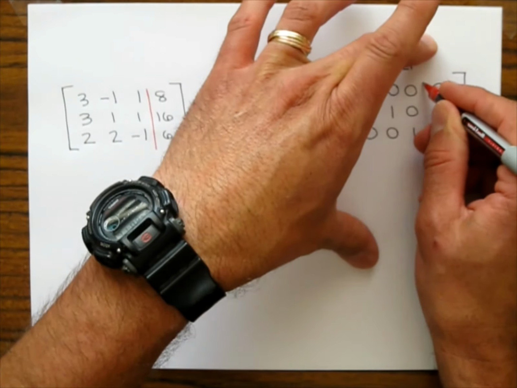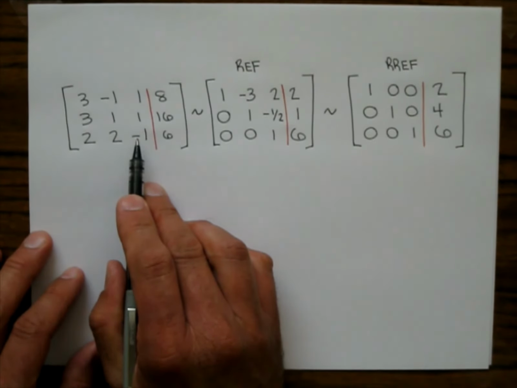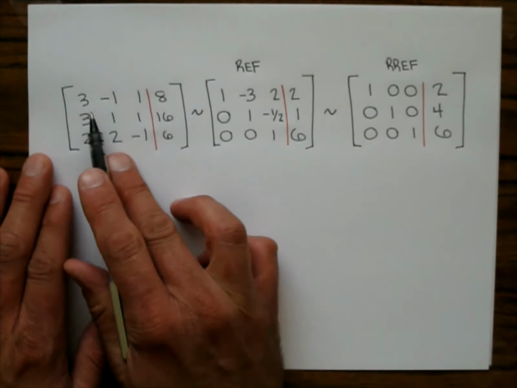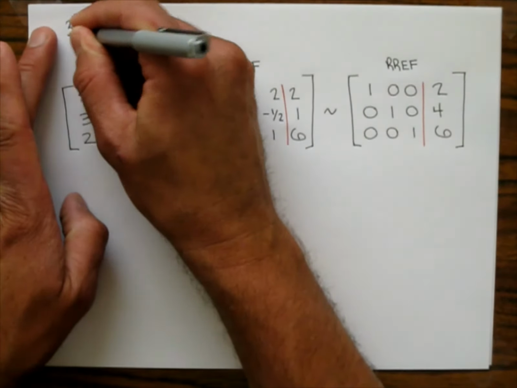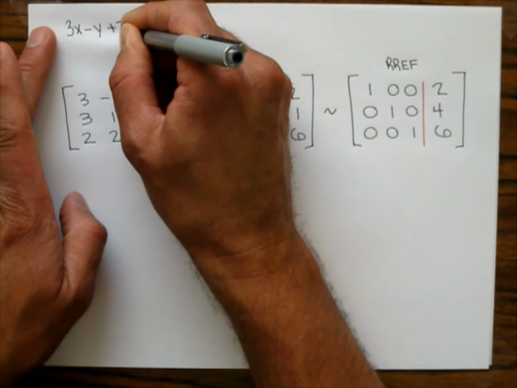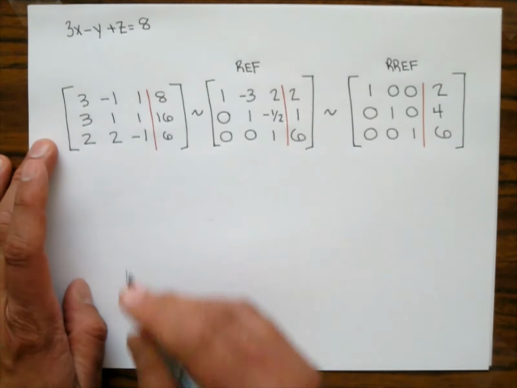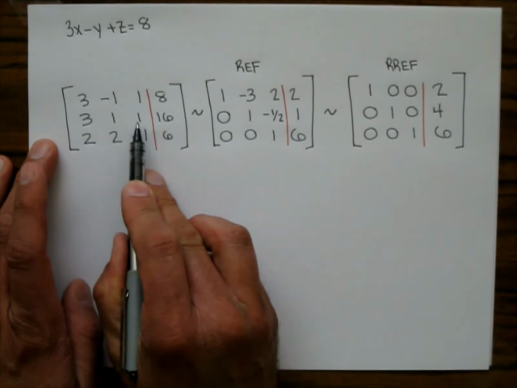And it looks as if this first matrix is an augmented matrix, and it is an augmented matrix, the system, I'll write out the system. This is the x column, the y column, the z column. So this is 3x minus y plus z equals 8. There's the first one. And then the next row is 3x plus y plus z equals 16.